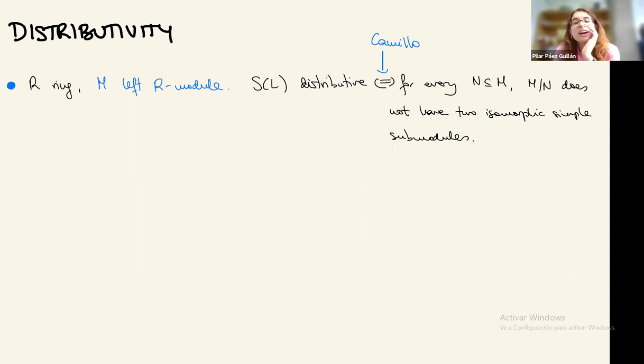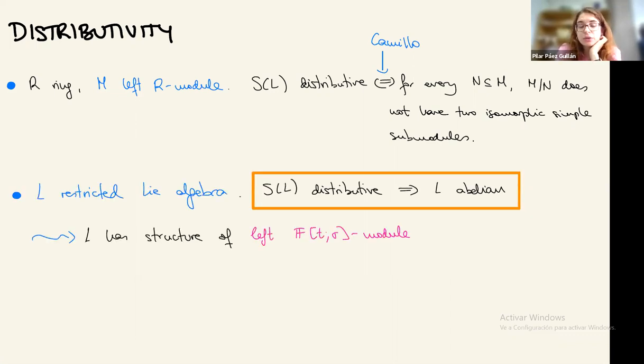But the good news is that if I have an arbitrary Lie algebra which has a distributive lattice of restricted subalgebras, then L will be abelian. And as an abelian Lie algebra, I can consider its structure of left module over the skew polynomial ring.